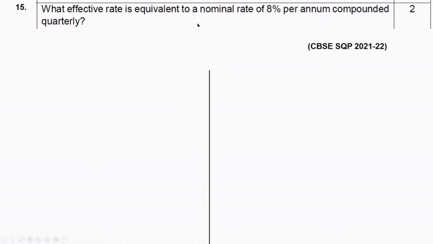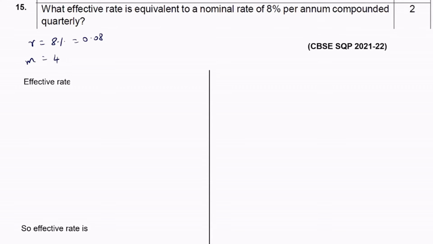Next question, what effective rate is equivalent to a nominal rate of 8% per annum compounded quarterly? So this is also an easy question. We have to find the effective rate that is equivalent to nominal rate of 8% per annum compounded quarterly. So here we have R as 8%, it is 0.08, and the number of conversion periods per year, it is compounded quarterly, so M is 4.